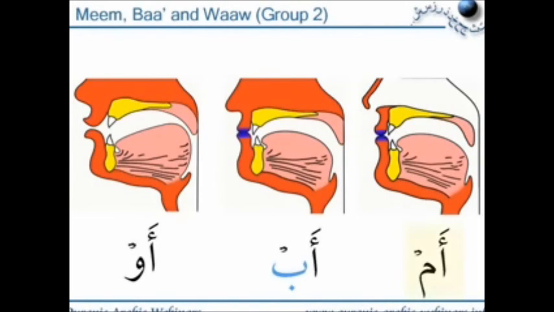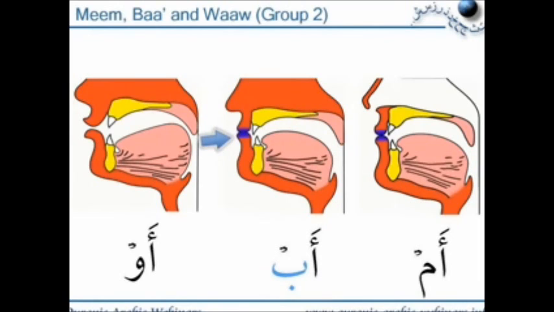So we have am. You should notice the dry portion of your lips touching together. Then we have ab. Again, this is one of the echo letters. You cannot complete it without separating the two parts of your mouth that come together, i.e. in this case the lips.